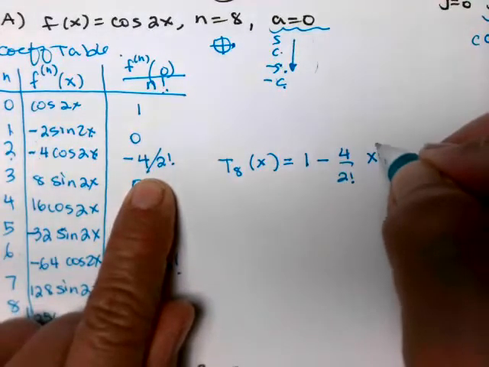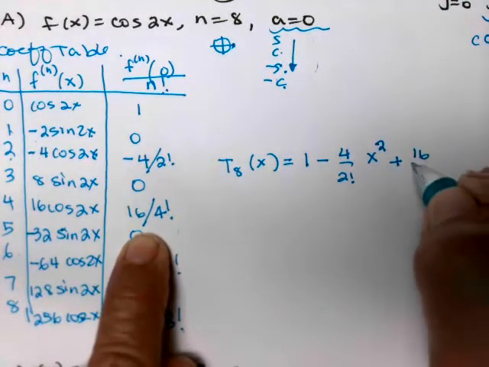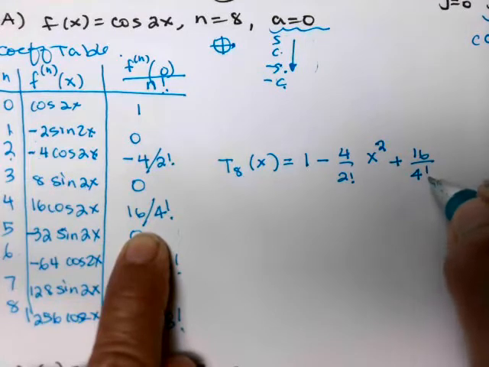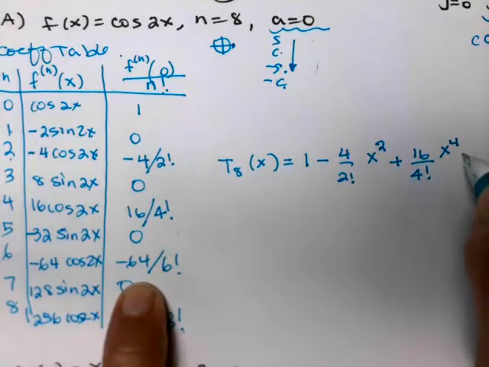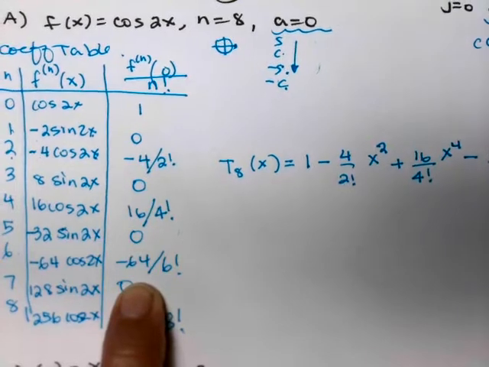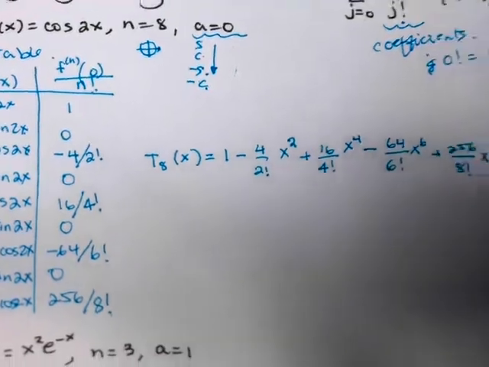So it's just going to be x squared, plus 16 over 4 factorial x to the 4th, minus 64 over 6 factorial x to the 6th. And then finally, plus 256 over 8 factorial x to the 8th.